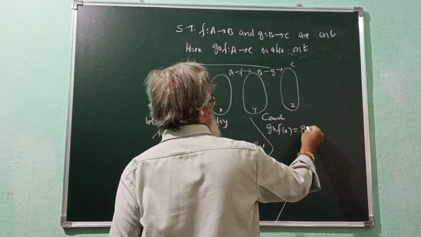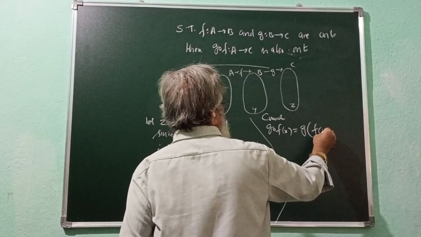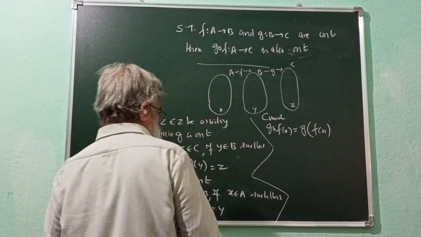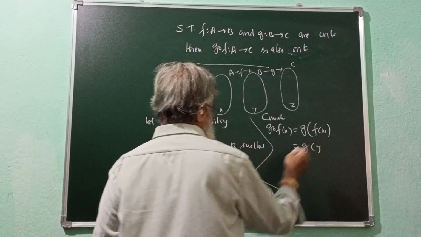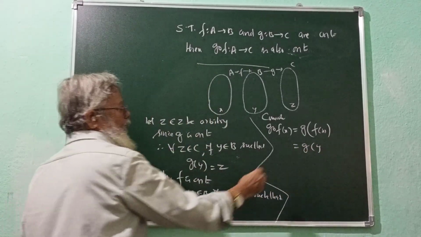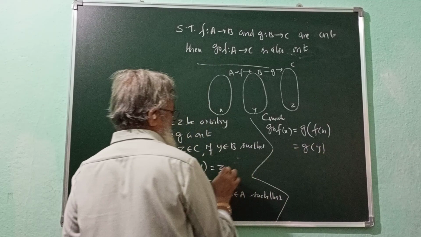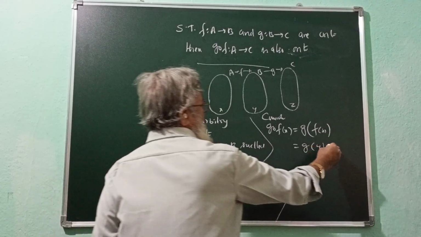By the definition, it will be g of f of x. But f of x is equal to y here, and g of y is equal to z.